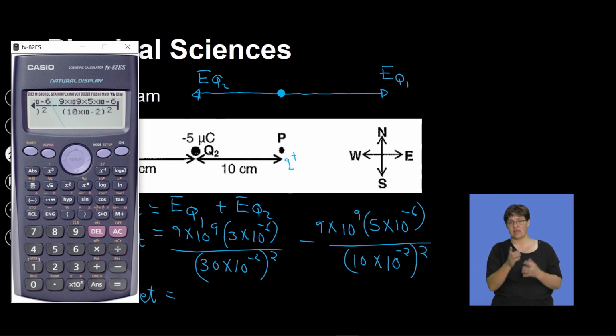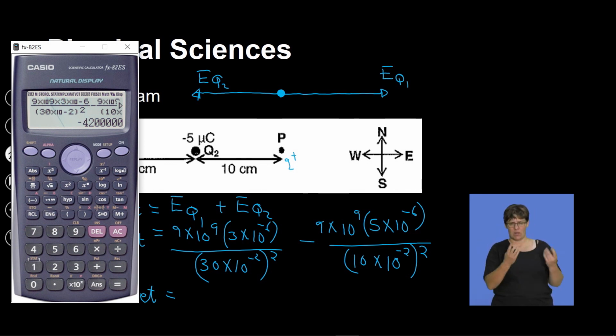So this gives us the value of our E due to those two point charges at point P. So this is negative. A negative says it's actually west in terms of direction, because we said that if towards P is east, which is positive, then if the answer is negative, our interpretation is that it's westward.